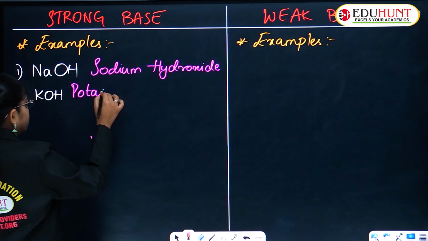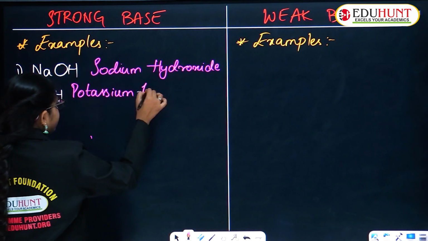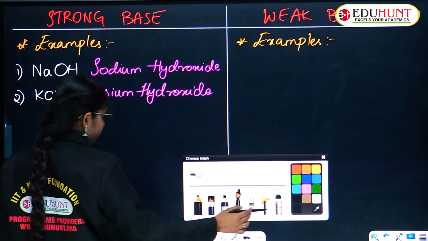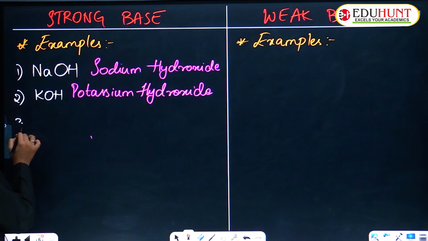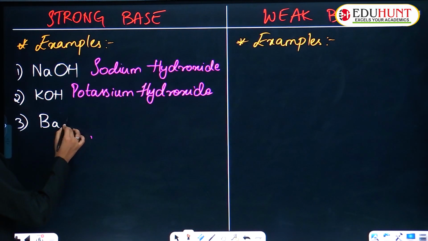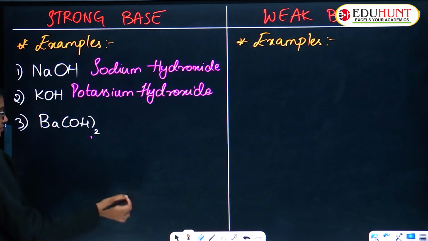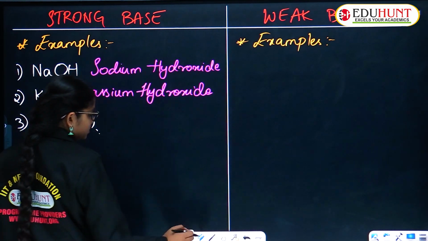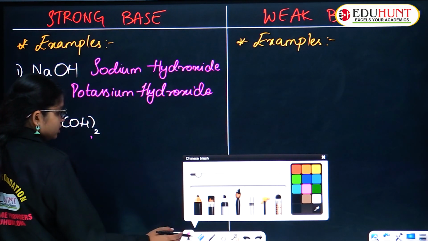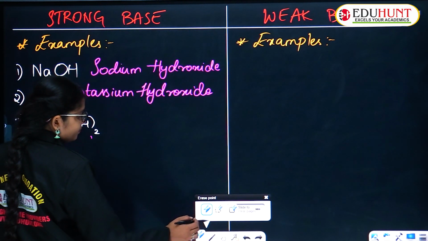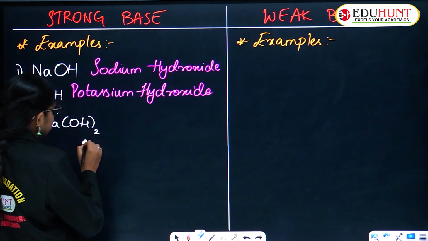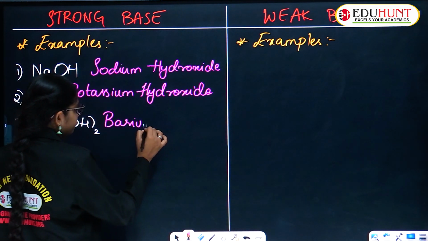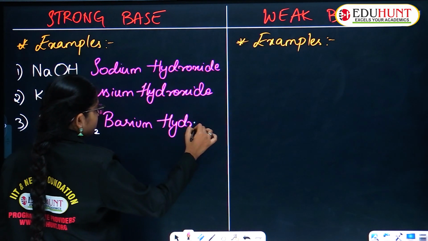Potassium hydroxide. One more example. Let's take Ba(OH)2. Ba means? Barium. Very good. Barium hydroxide.